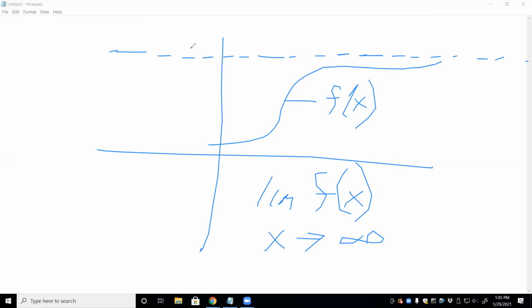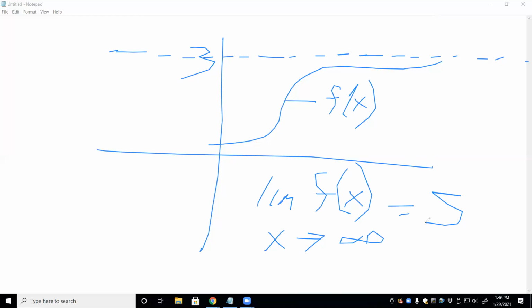If that was 3, that would be the answer. So it's not always 0, it's not always infinity, it's whatever. When you were introduced to horizontal asymptotes, you were actually being introduced to limits. That's what the function goes to as x goes to infinity: that horizontal asymptote.